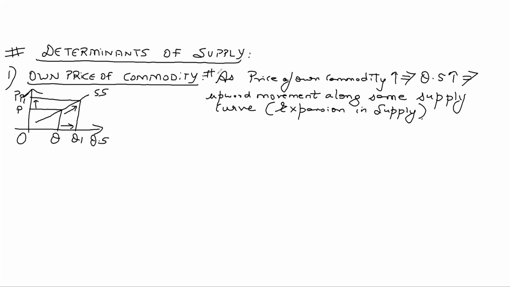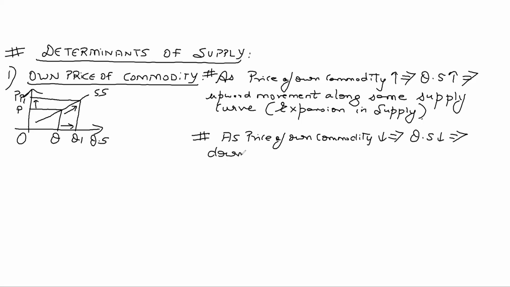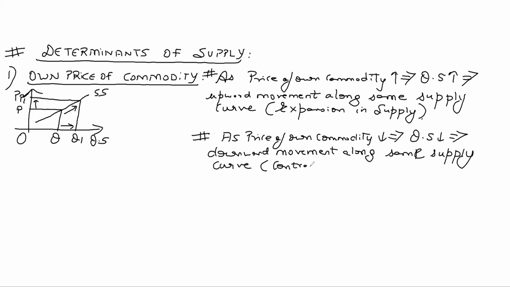And guys, exactly the opposite is going to happen. As price of own commodity falls, quantity supplied falls, which implies downward movement along the same supply curve, also called contraction in supply.